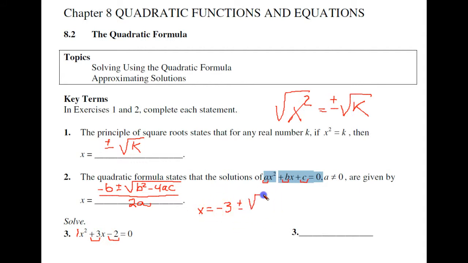And then we take the square root of this, and now that we're going to square b, whatever b happened to be, it's always going to become positive because we're squaring it. So we're going to have 3 squared minus 4, that's part of the formula. a we said was 1, and c we said was negative 2. And this is all over 2a, and we said a is 1.